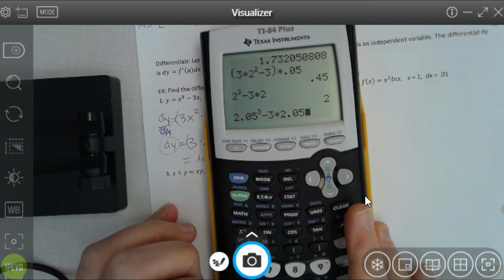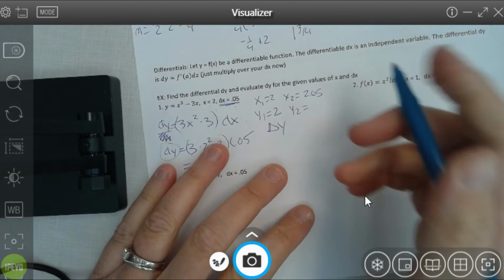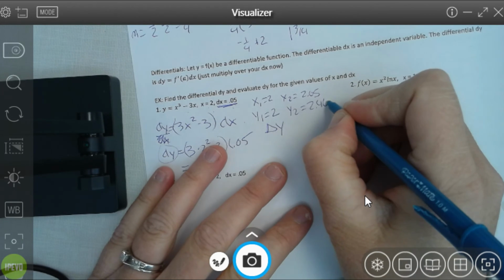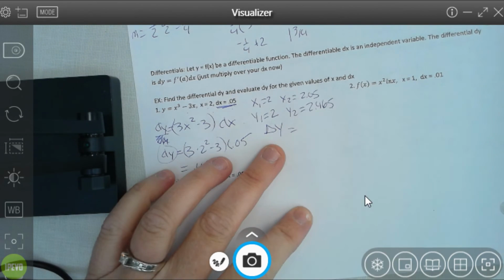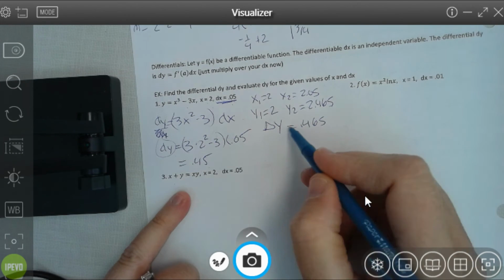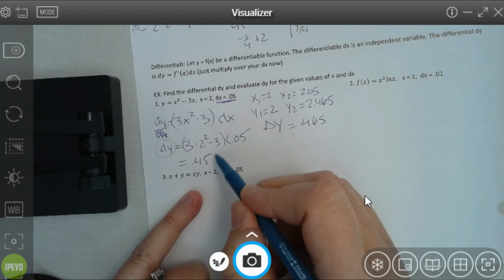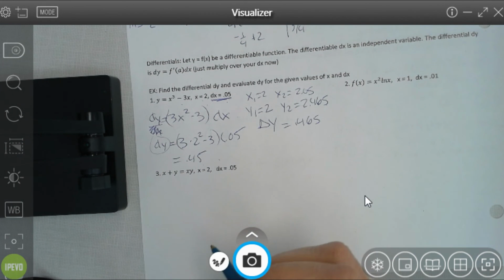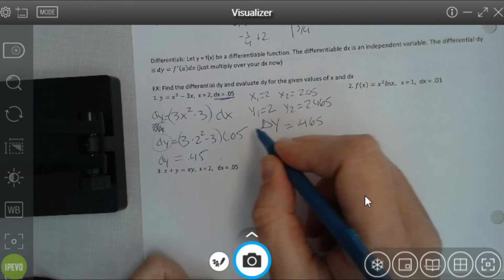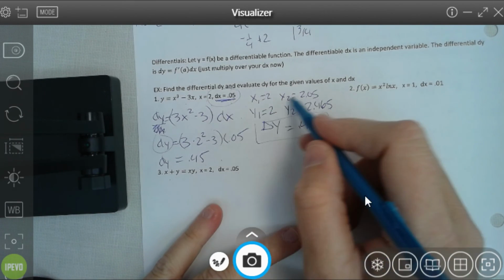So I just plugged in the 2.05 now. So then this is my y2, 2.465. So then my change in y would be 0.465. And these answers should be pretty darn close to each other, saying that the change in y this way or the dy change here, they should be pretty good estimates. So that's your dy, and here's your change in y. And then this is the change in x, like subtracting it this way.